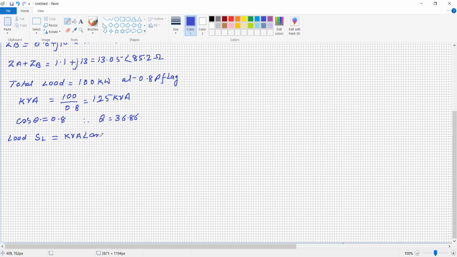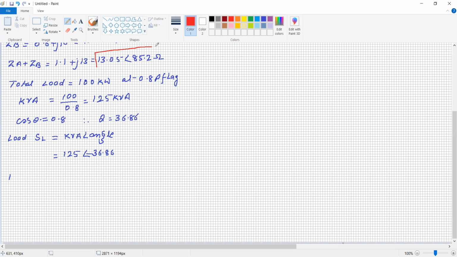So kVA is 125, and the angle is 36.86, but it is a lagging one, so minus sign: minus 36.86. Now, for the kVA shared by each transformer, these are the important calculations.